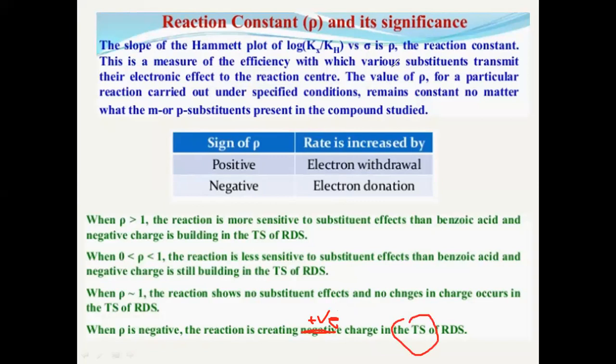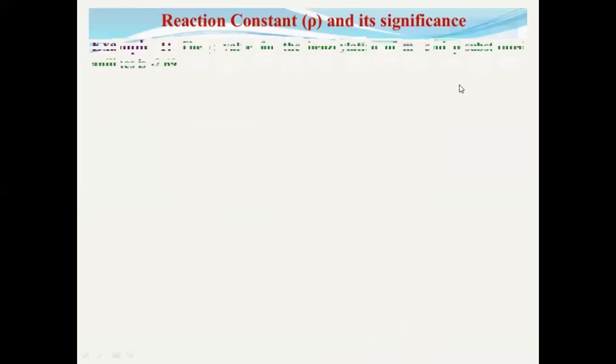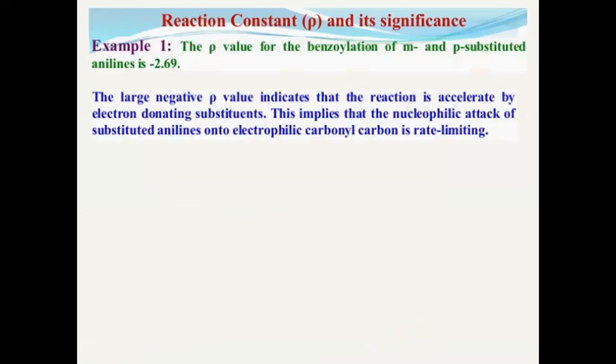If positive charge comes on the TS, what does it mean? It means that electron donating groups will increase the rate. This implies nucleophilic character. The large negative rho value indicates that the reaction is accelerated by the electron donating substituents.